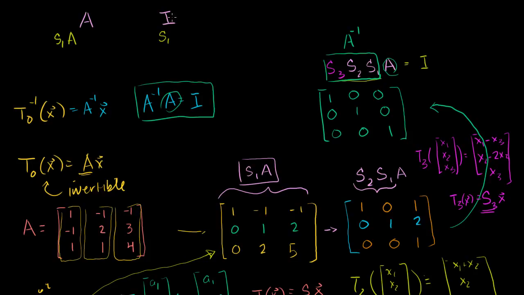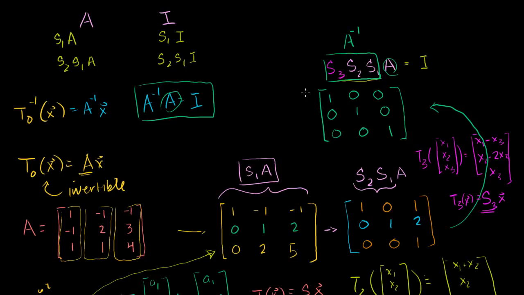S1 times the identity matrix is just S1. All of the columns, the standard basis columns, will just be equal to themselves, and you'll just be left with S1. Or you could call this S1 times I, but that's just S1. Fair enough. Now you performed your next row operation, and you ended up with S2 times S1 times A. Now if you perform that same row operation on this guy right there, you would have S2 times S1 times the identity matrix.